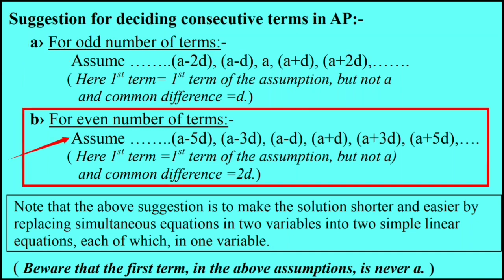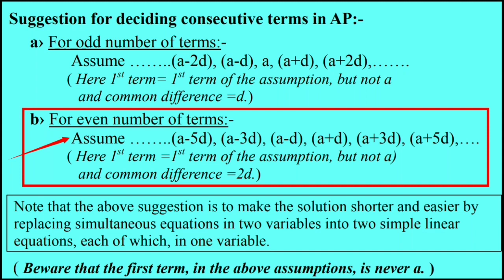Let's observe the second suggestion. If we are to assume the number of terms of an AP as even numbers like 2, 4, 6, and so on, then the assumption values are different.